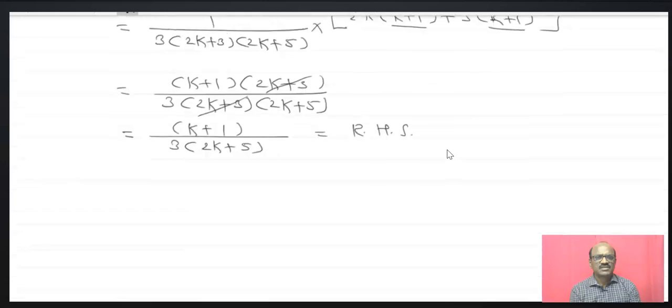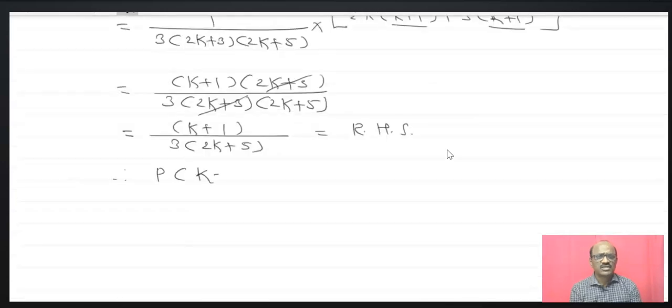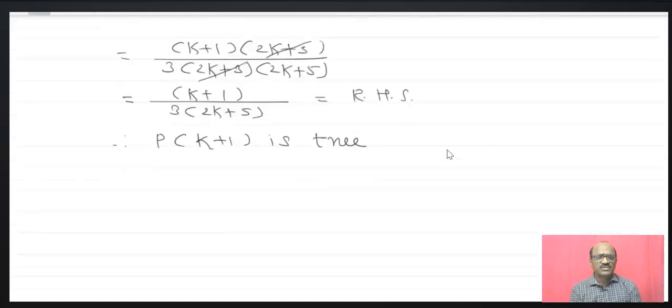Therefore this is the RHS, and hence LHS is equal to RHS. Therefore P(k plus 1) is true.